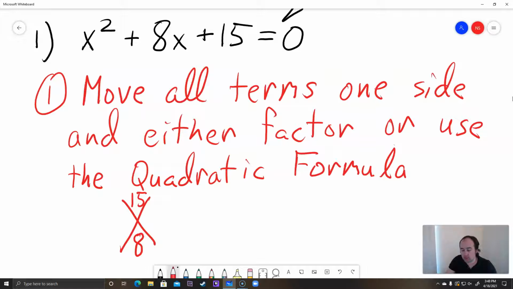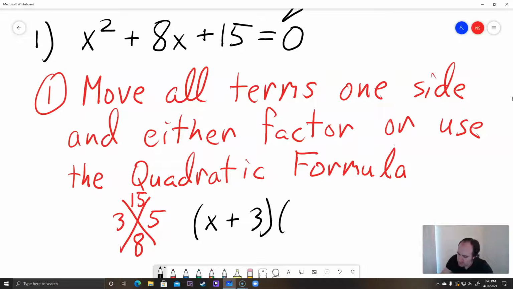The first two numbers I think of are 3 and 5. 3 times 5 is 15, and 3 plus 5 is 8. So it factors as x plus 3 times x plus 5 equals 0.